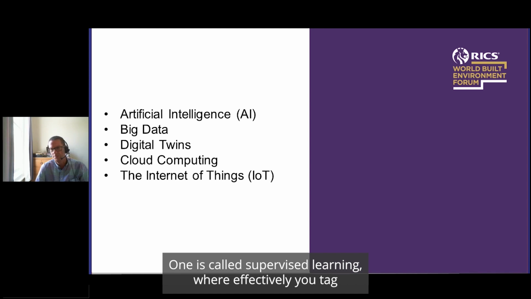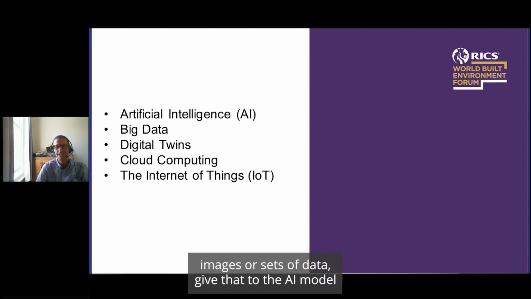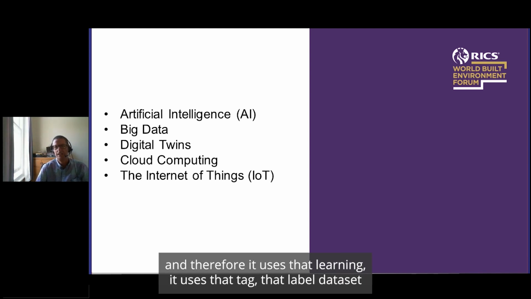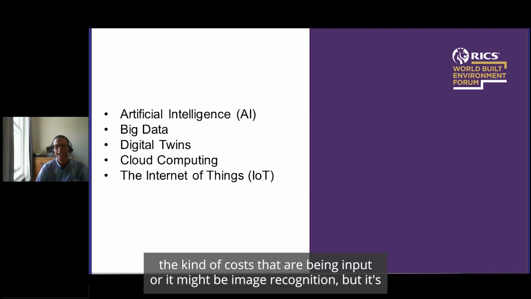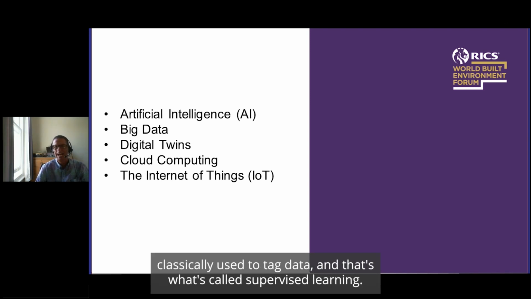One is called supervised learning, where effectively you tag images or sets of data and give that to the AI model, and it uses that labeled data set to understand either, from a construction perspective, the kind of costs that are being input, or it might be image recognition. It's classically used to tag data, and that's what's called supervised learning.